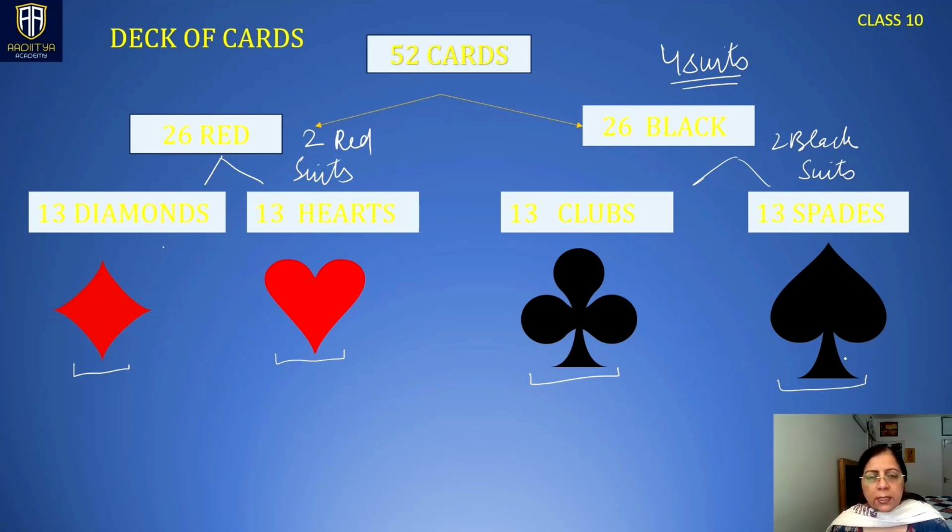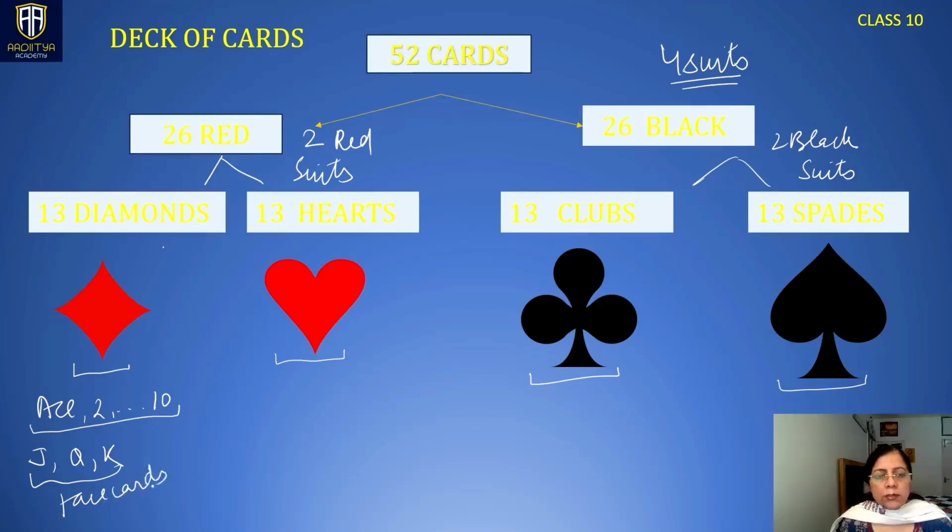Now when we go inside these suits, every suit has 13 different cards. The first one is ace, and then from 2 onwards up to 10 we have the numbered cards, and after that we have J, Q and K. These are 3 face cards in one suit.